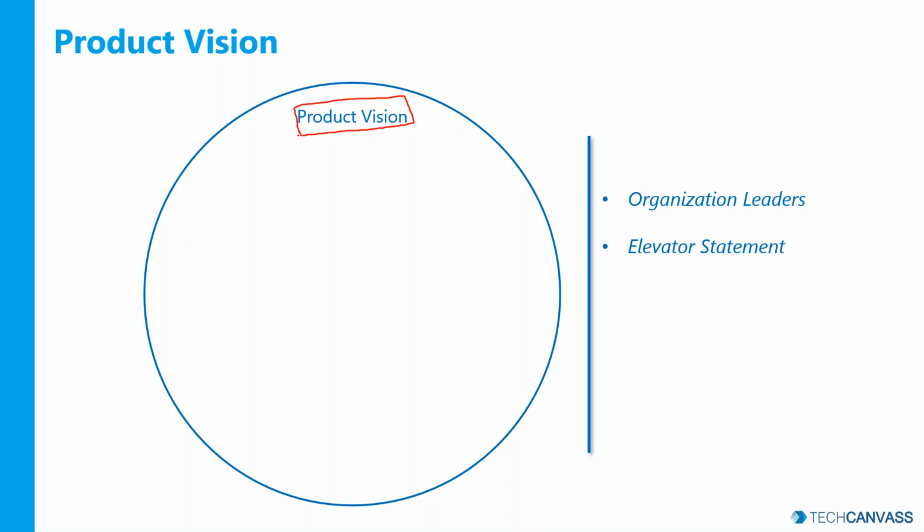You can use a technique like that to come up with product vision. There is also a tool called the product vision board. And more importantly, once you define a product vision, throughout the course of product development, leaders like Scrum Masters or even project managers constantly reiterate the vision to the project team.